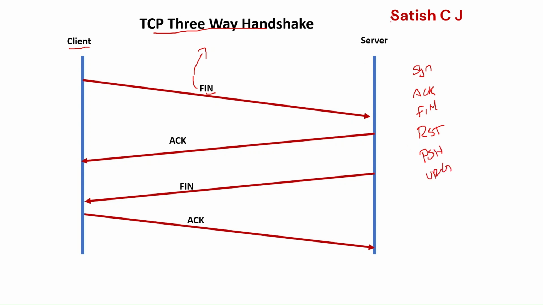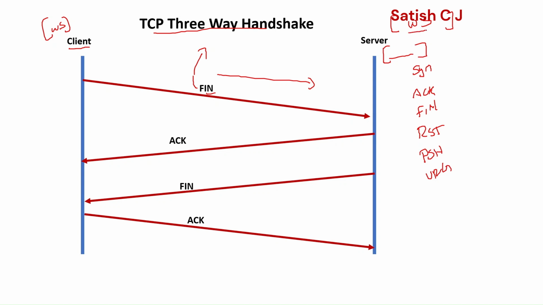There is a window size that gets advertised or sent with these requests. So what is that window size? When you send some data, it is sent to a buffer on the server or on the client. The window size relates to how much data can be buffered on the server.